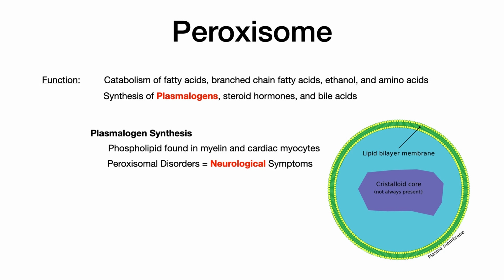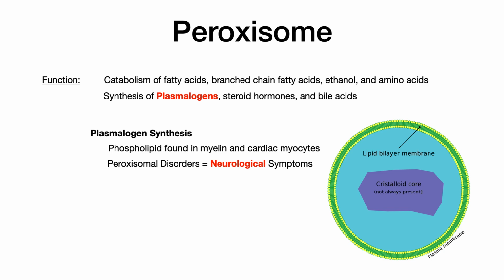So if we have a problem with the peroxisome, and we therefore don't have the ability to synthesize plasmalogens correctly, we lose a very key component of myelin and cardiac myocytes. Therefore, if I tell you that you have a peroxisomal disease, you should expect to see mostly neurological, but also some cardiac symptoms as well, because again, we're losing a key component in myelin and myocytes.